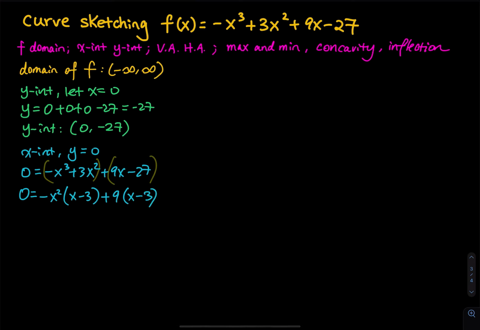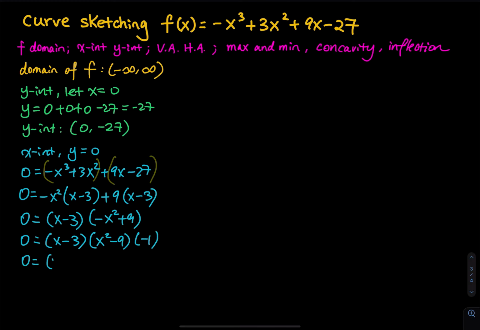3. Since they both have x minus 3, we are going to factor out x minus 3, and then we have negative x squared plus 9. And then for the negative x squared, before I factor that, I will pull a negative 1 out, so x squared minus 9, and then pull the negative 1 out. So this becomes x minus 3, and the x squared minus 9 becomes x plus 3 times x minus 3, and then we have a negative 1.